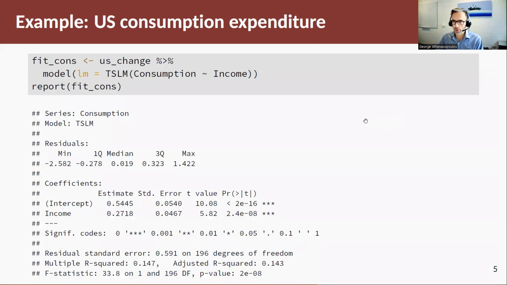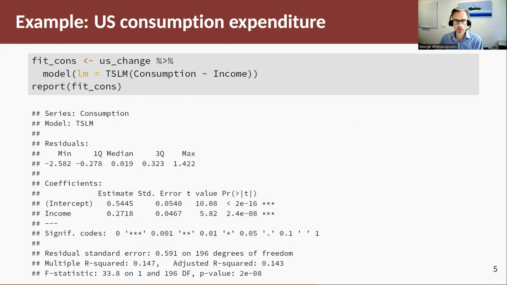Now, if you've done any regression using R, you'll be familiar with the lm function. In this book, we will use the TSLM function, which is inbuilt in fable. The reason we're using this is that the TSLM function has some inbuilt features for time series analysis, which helps us with forecasting.